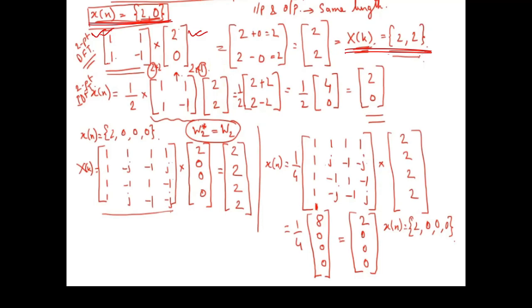Again, if you want to go back to the original signal x of n, 1 by 2 multiplied by conjugate of total factor. Here there is no complex number, so there will be no change in the total factor matrix. Then we are having this signal component which has been put over here. You solve this, you get back to 2 0, which is your original signal.